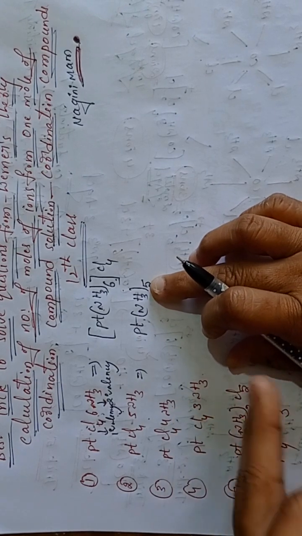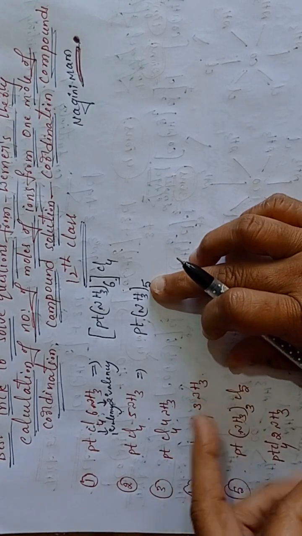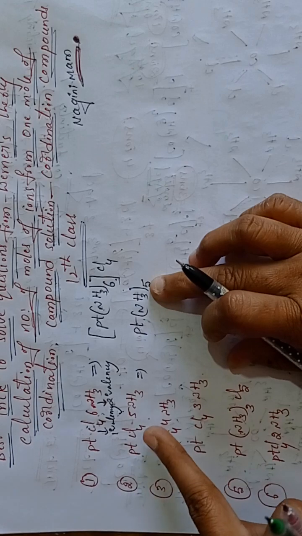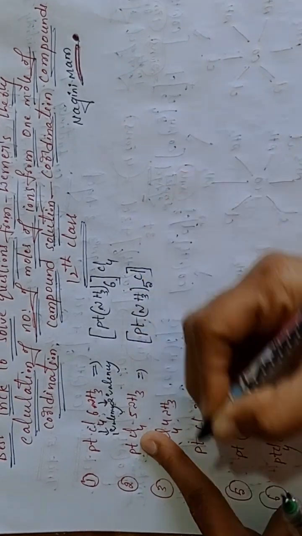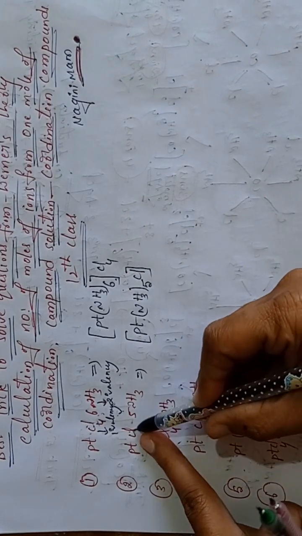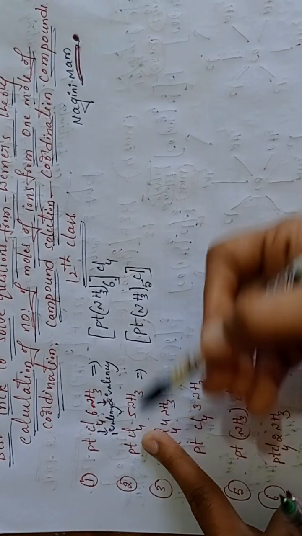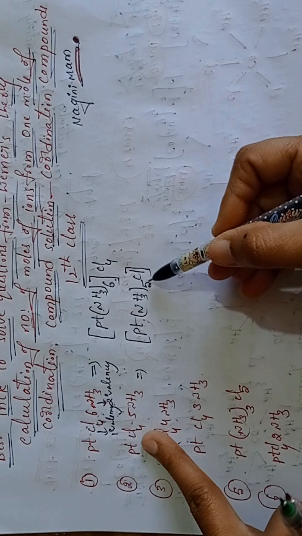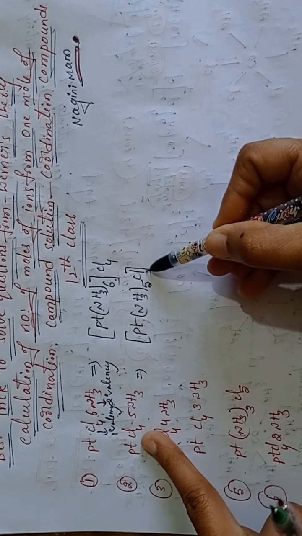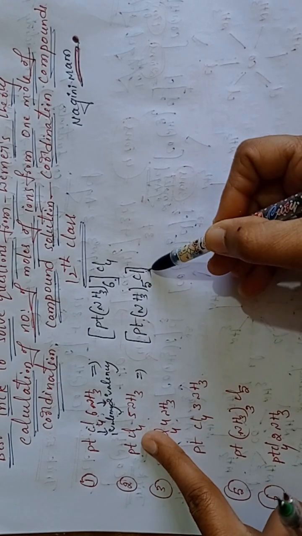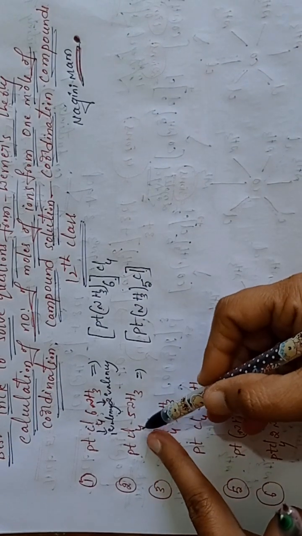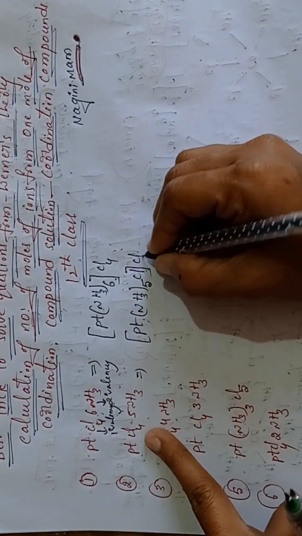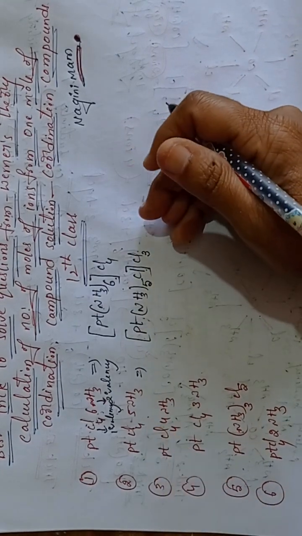To satisfy coordination number 6, one more ion is needed, so I am taking 1 chlorine in the coordination zone. Chlorine is the primary valency, but it is acting as a secondary valency also. That's why we take 5 NH3 and 1 chlorine, total 6, coordination number satisfied. 1 chlorine gone. Remaining how many are there, students? 3 chlorines will go outside the coordination zone.